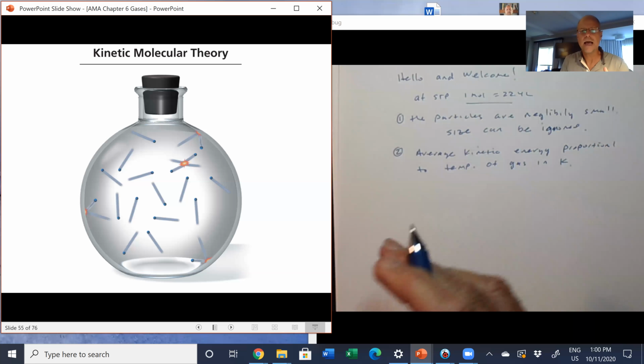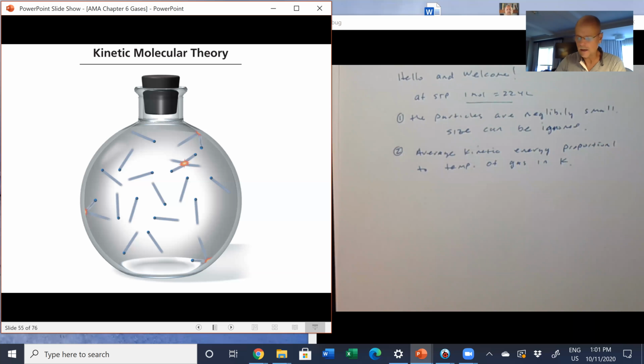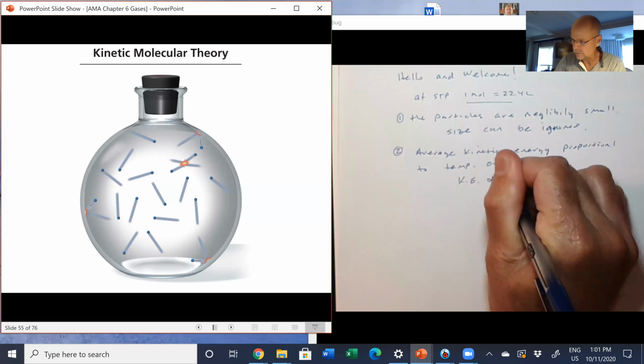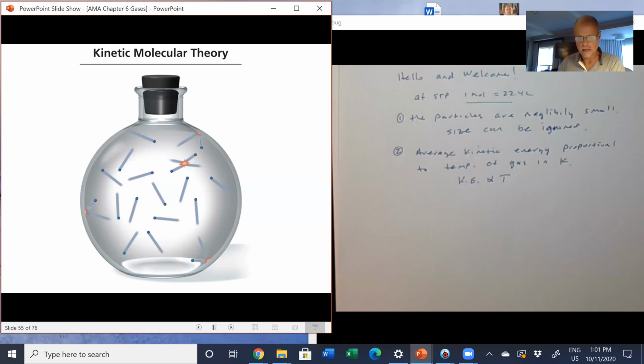What that means is that as the temperature goes up, the particles have more and more kinetic energy. And that also means that as the temperature goes up, the particles are on average moving faster. So we can just write kinetic energy is proportional to temperature.